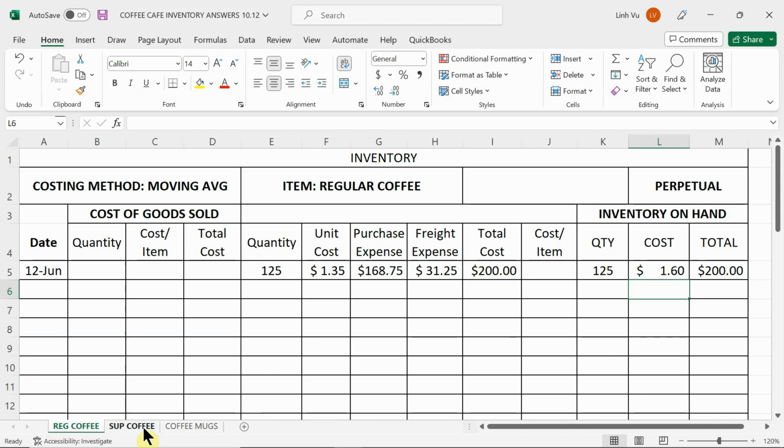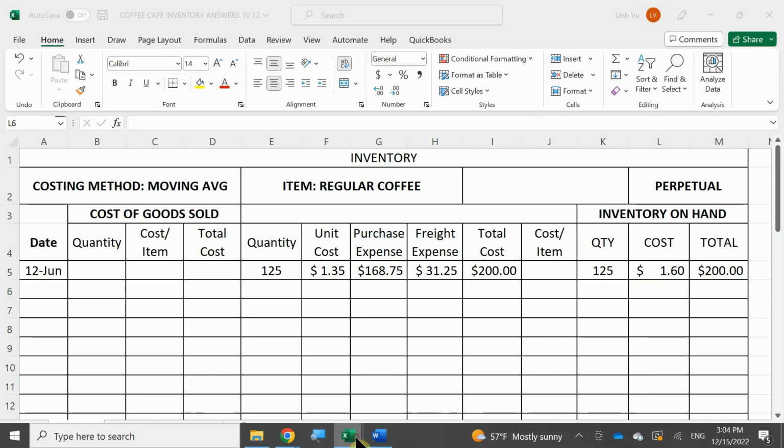Because in your inventory worksheet, you're constantly rounding numbers, where when you enter your values into your ledger, it's straightforward. You're automatically rounding the numbers that are being calculated in your ledger. So that's the rule of thumb here: you want to ensure that your inventory worksheet matches your ledger.